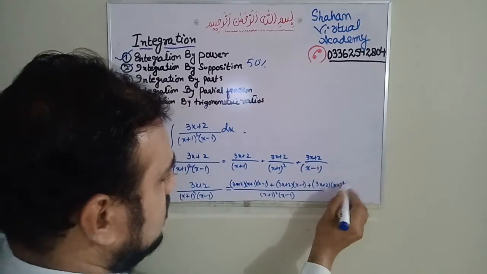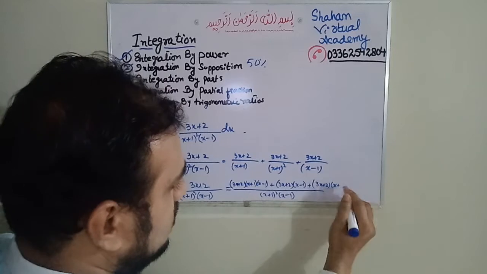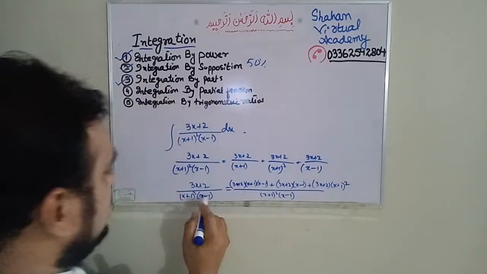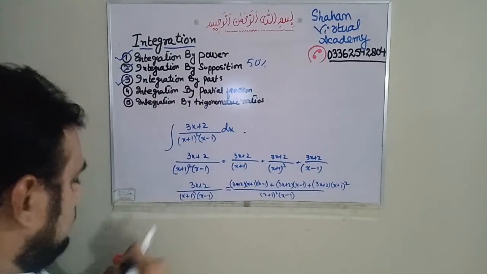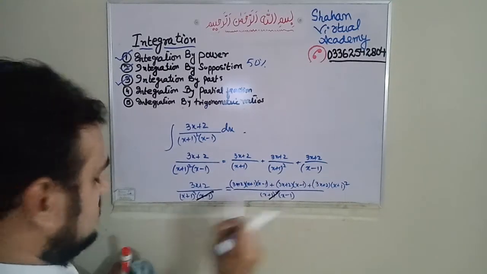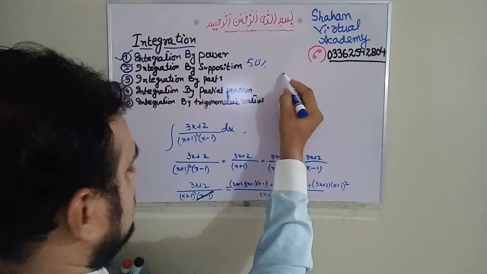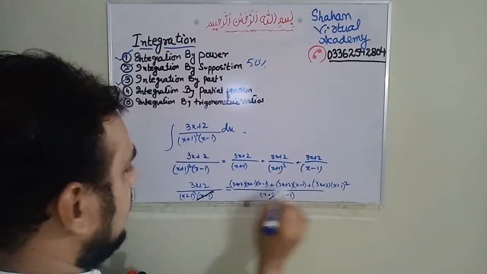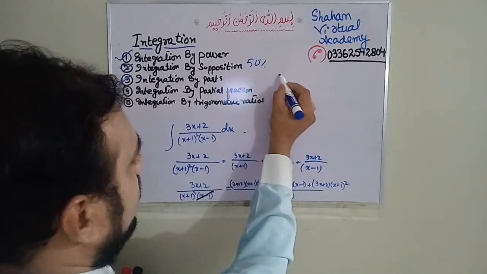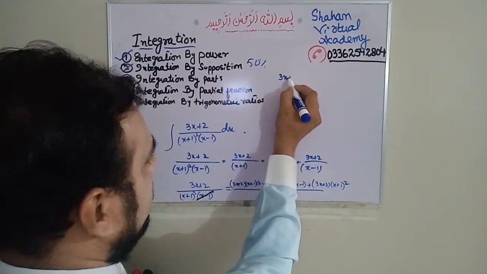Okay, so we just cancel this from this. So what will we have? We just have this value. Now what will we get from that?